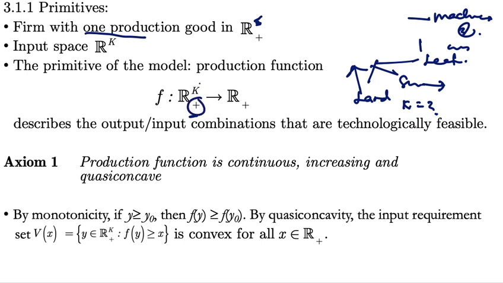Now, we have an input space which is written this way, transformed into one output, and the quantity of output is positive, not just 0. Imagine if you have a certain number of inputs, transform them into output, and you say, I have used land, sewing machine, leather to produce 0 output.